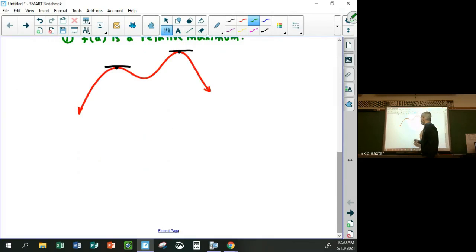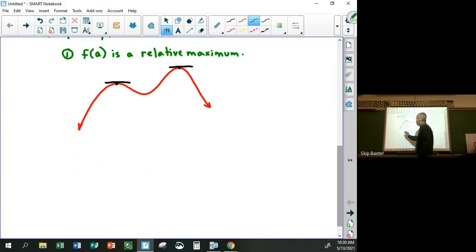What do you think the second graphical scenario would be? Yeah, relative minimum. f of a is a relative minimum.